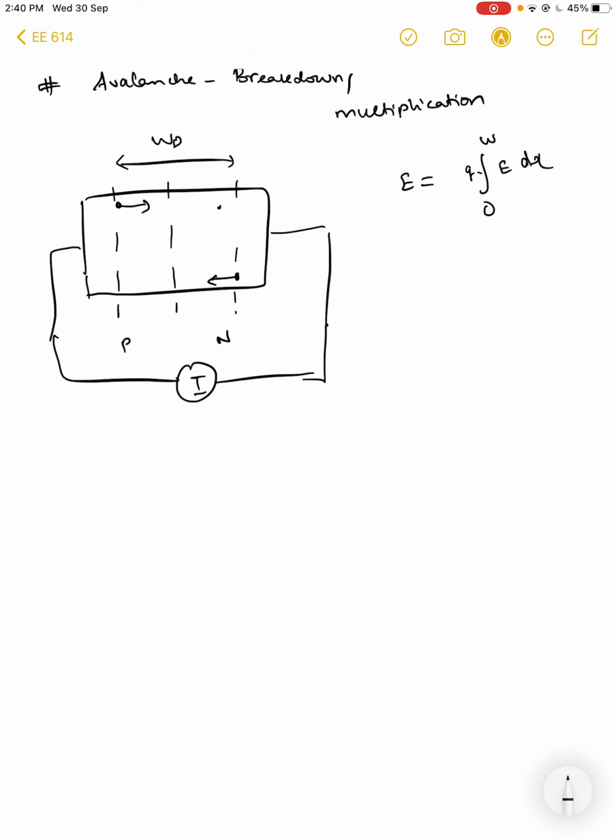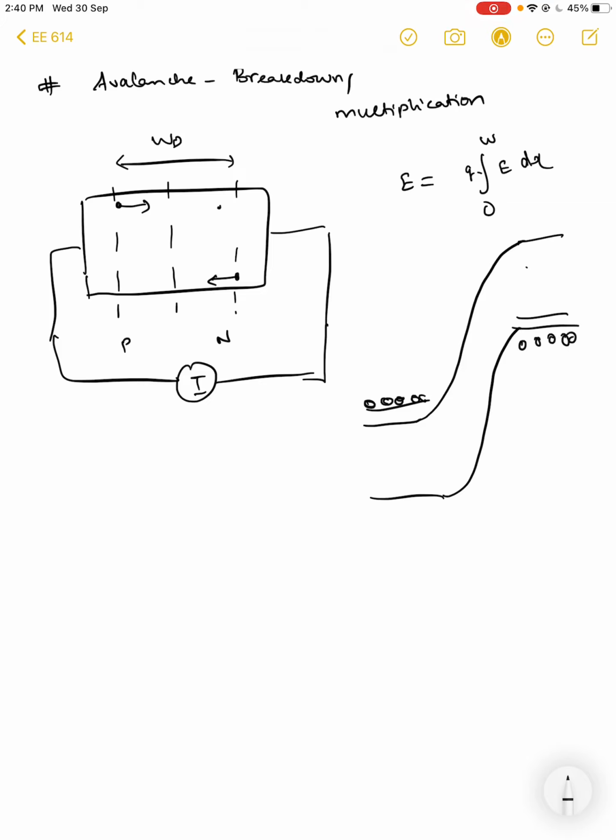Let us say we have an n-type semiconductor here and the p-type here, at very high reverse bias. So you have a lot of electrons and holes.